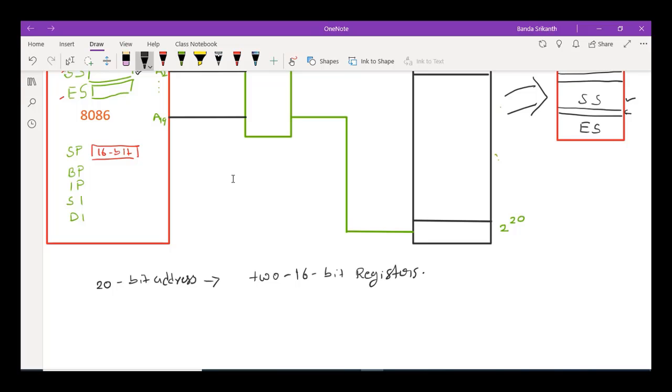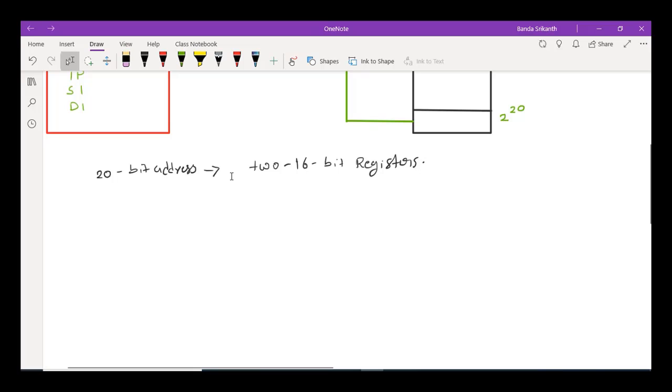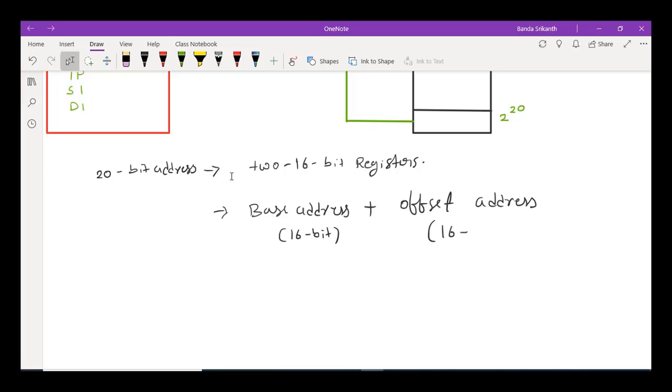That's why the address will be divided into 2 parts. One is base address plus offset address. So this will be 16-bit and this will be 16-bit.